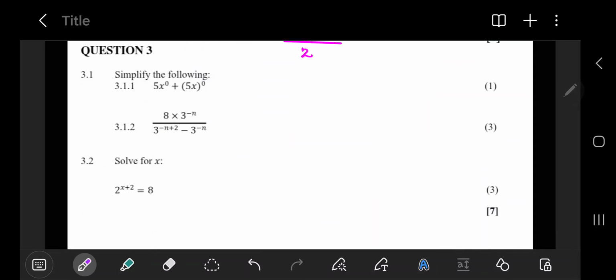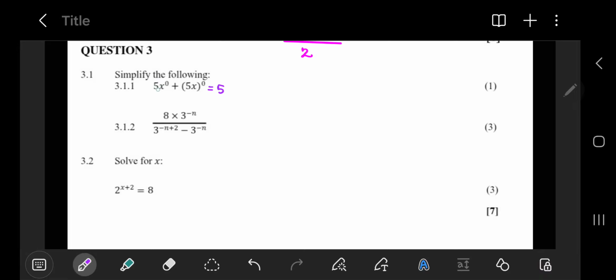Now, question 3. It says simplify the following. We have 5x to the power 0 plus 5x all raised to the power 0. So we need to understand the difference between these two, right? We know that from laws of exponents, anything raised to the power 0 is 1.